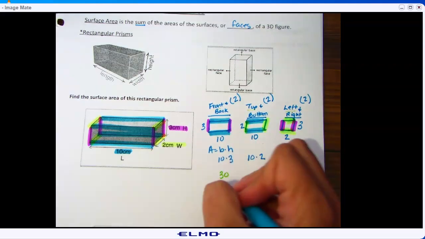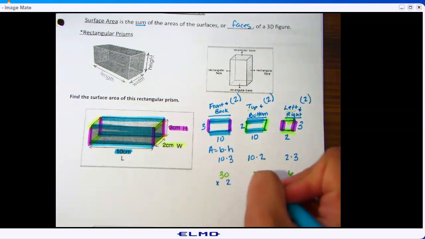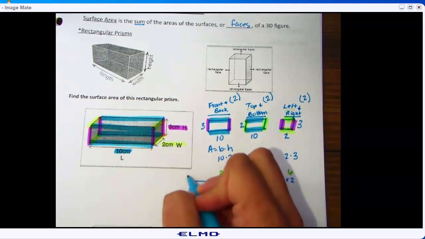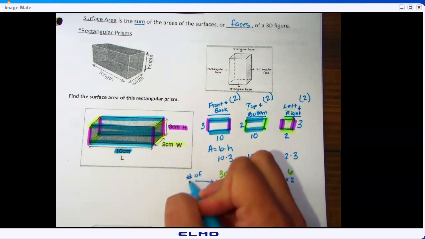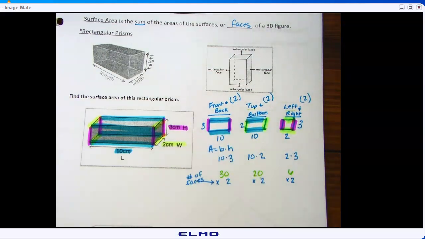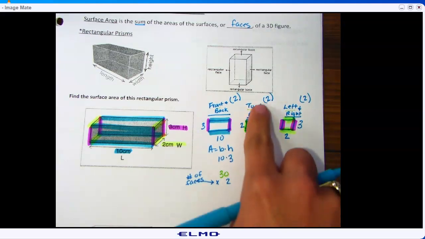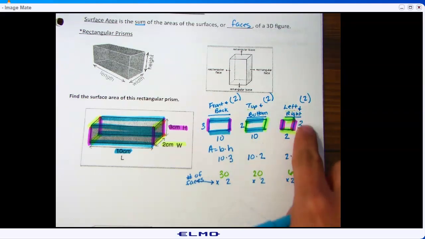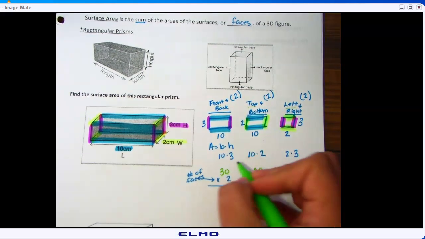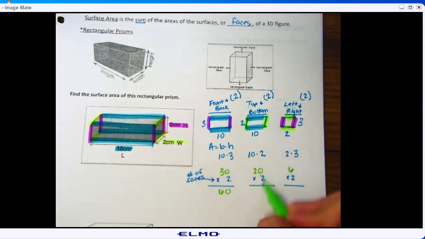Well, to do that, all you need to do is multiply each of these numbers by 2. This 2 here is the number of faces we have, which means front and back. This 2 means top and bottom. This 2 means left and right. When we multiply, we get 60, 40, and 12.